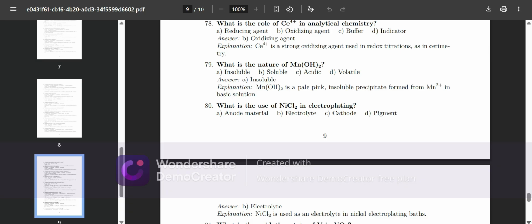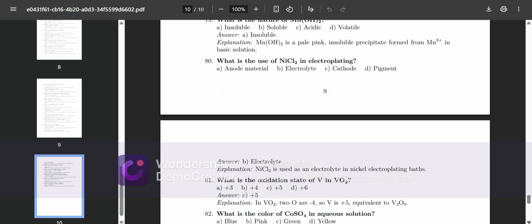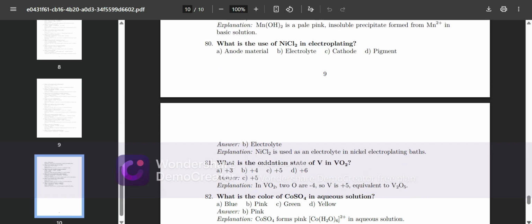What is the nature of Mn(OH)2? Insoluble. Mn(OH)2 is a pale pink insoluble precipitate formed from Mn2+ in basic solution. What is the use of NiCl2 in electroplating? Electrolyte.